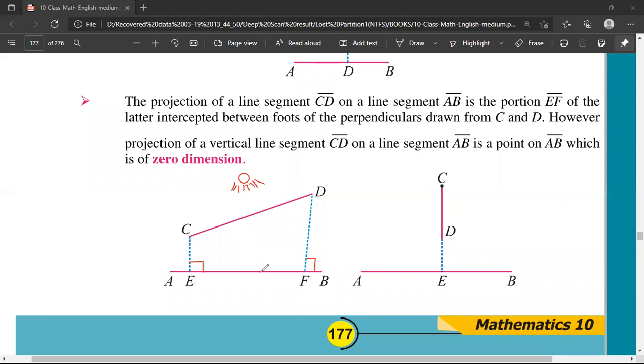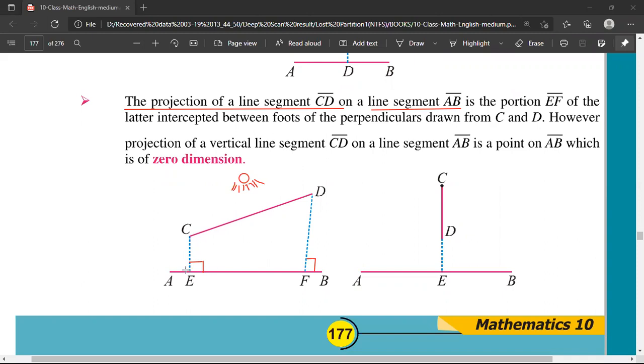So this is called the projection of a line segment CD on line AB. AB was a line, and we were interested to find the projection of line CD, and we wanted to find the projection of the line CD on another line segment AB. So we have to understand which portion of AB will be the projection of CD.